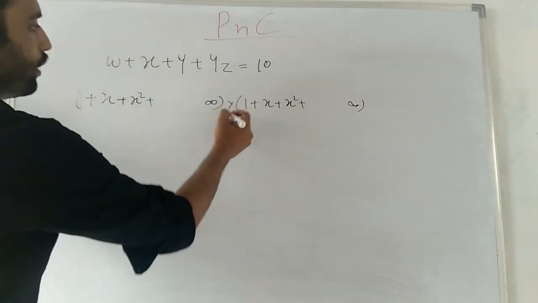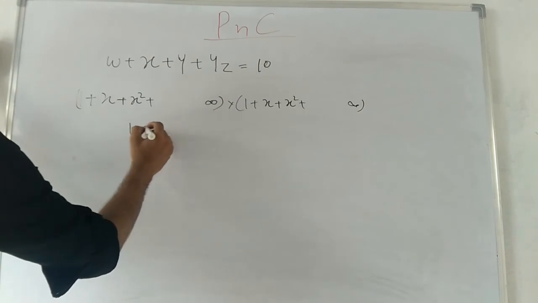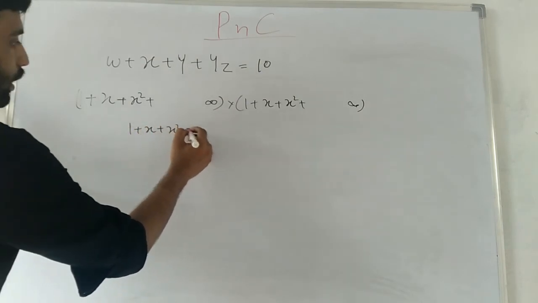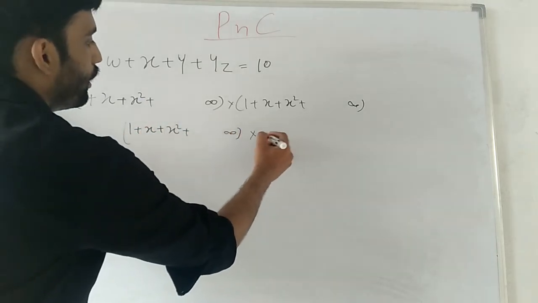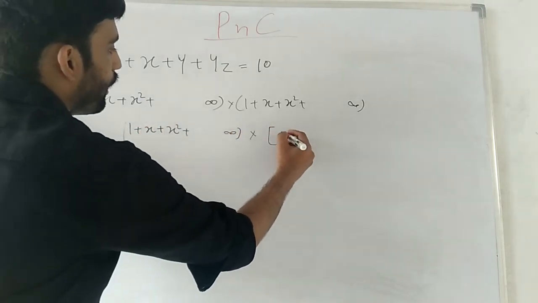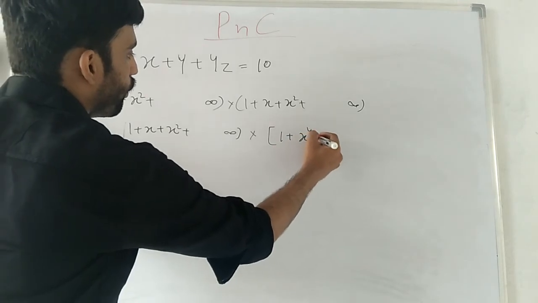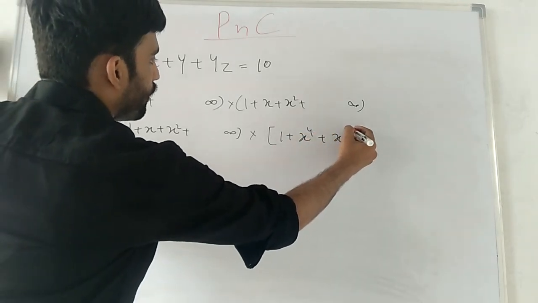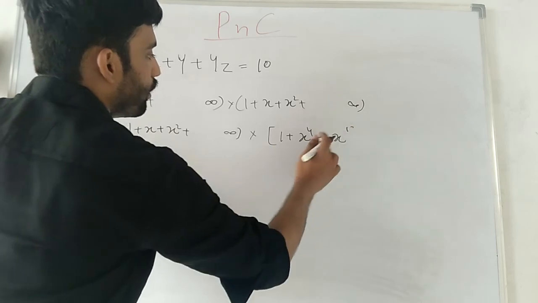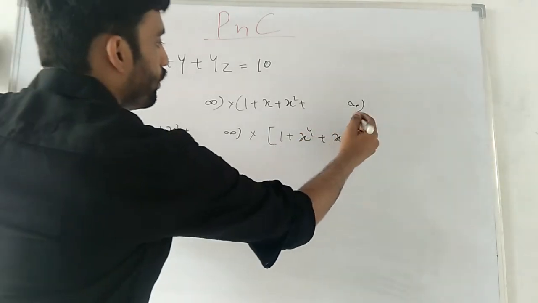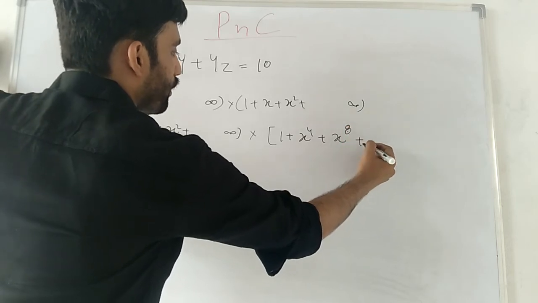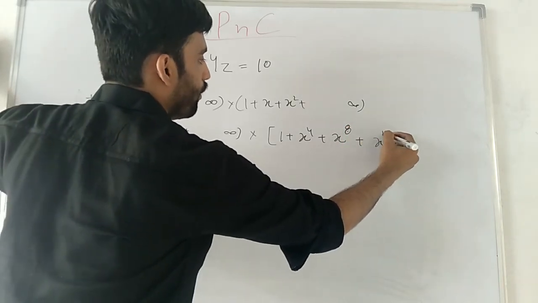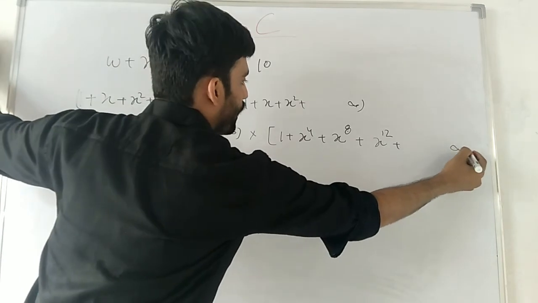For y we will write the same, 1 plus x plus x square up to infinite terms. And for 4z, it is a special case, we will write 1 plus x to power 4 plus x to power 8, plus x to power 12 up to infinite terms.